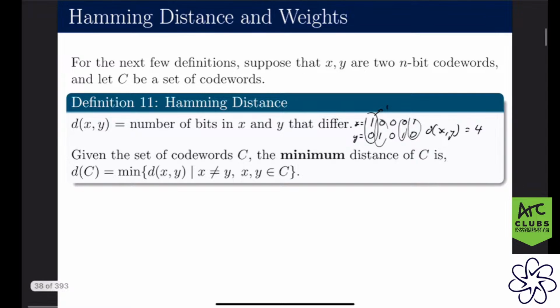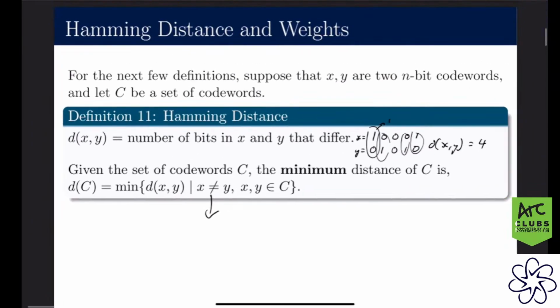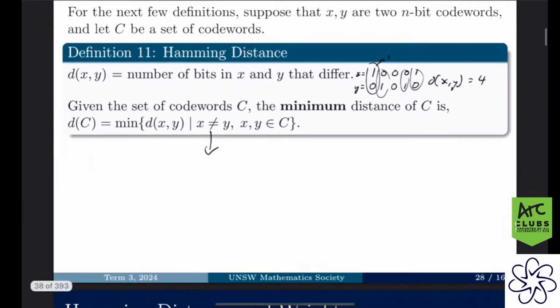Going off this definition, for a set of code words C, the minimum distance of C is going to be the smallest distance between any 2 code words. For a bit of rigorous definition, the code words can't be the same, because then the distance would be 0.